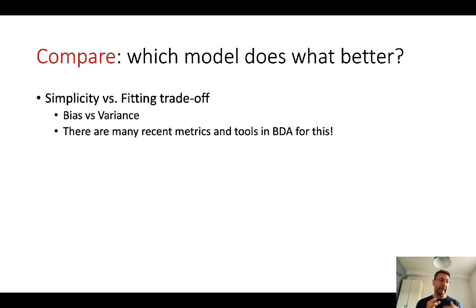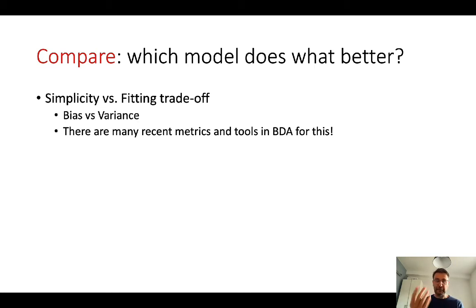It also relates to the bias and variance trade-off you've probably heard about in machine learning. And the good thing here is that there is much good and recent research to help you out. So there are good metrics and good tools for doing model comparison in BDA. So this will be relatively simpler.